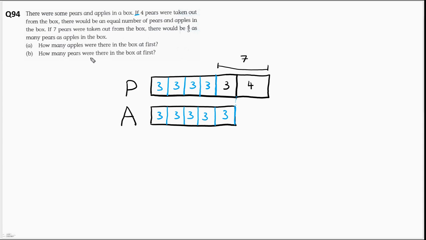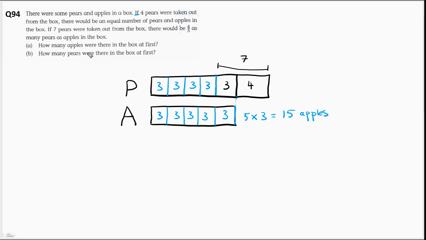Okay, well, we don't lose any of those. So let's look at the apples first. So what have we got? 1, 2, 3, 4, 5. We've got 5 times 3. Nice and easy. So that's 15 apples.